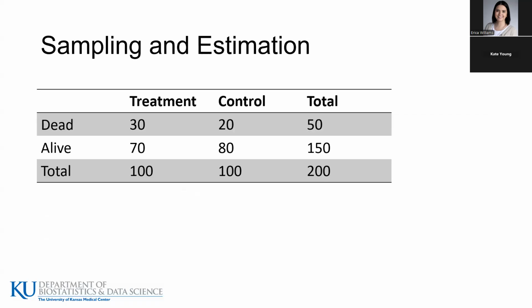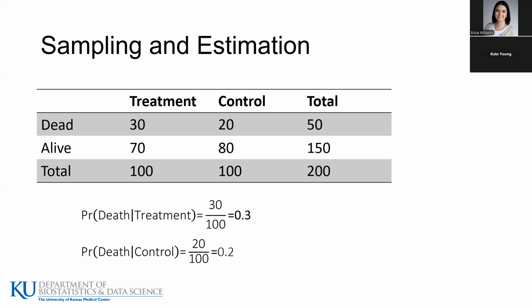So in this example, we have 200 total patients. Out of the treatment group, 30 out of 100 experienced death. So that would be a risk of 30% for the treatment group.